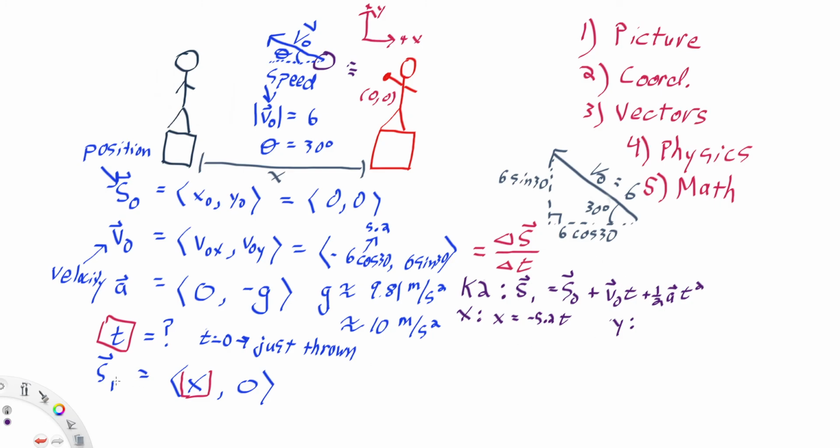In the y direction, our y position at time 1 is going to be 0. Our y position at time 0 is also 0. Our initial velocity in the y direction is 6 sine 30, which is 3, because sine 30 is a half.